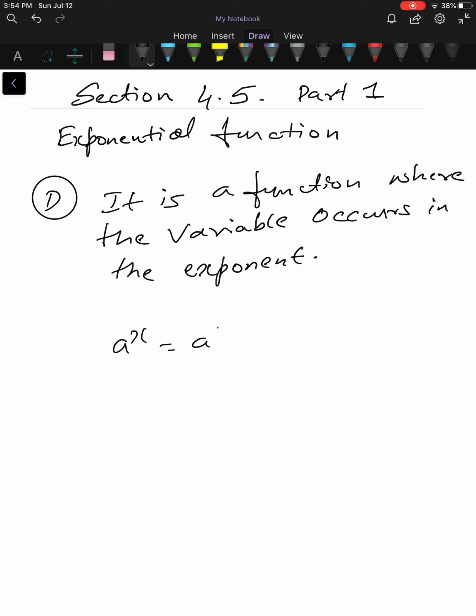Okay, so we can solve certain exponential equations using the fact that a to the power x is equal to a to the power y implies x is equal to y. But this is because we defined exponential functions with a not equal to 1 or 0. You saw this statement in quiz 1.